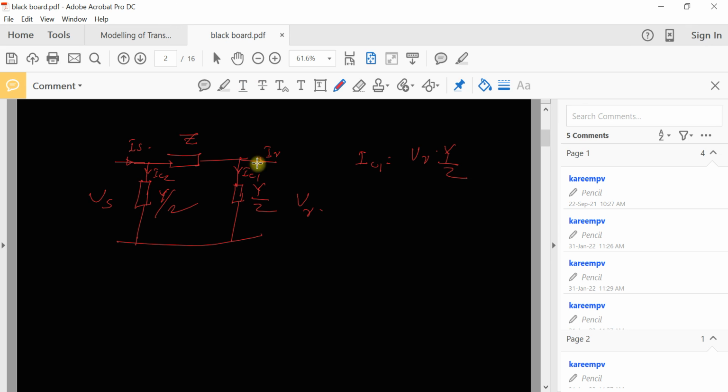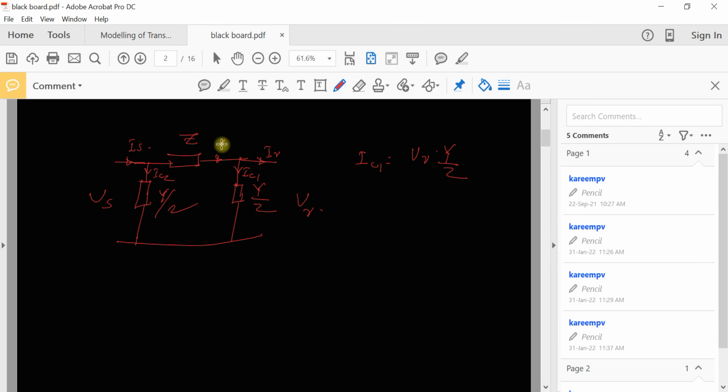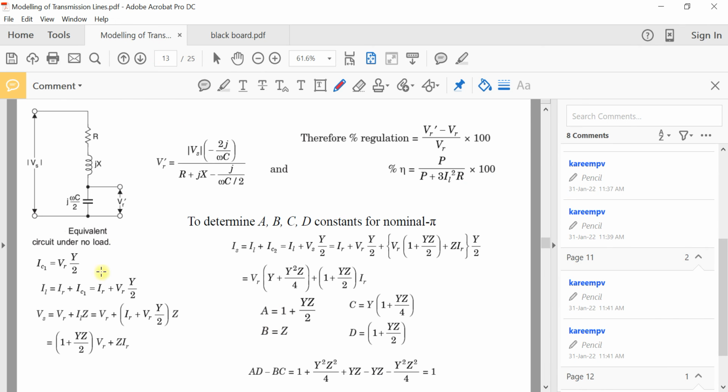This is IC1 and this is IL. If you apply Kirchhoff's current law at this point, IL will be equal to IC1 plus IR, the receiving end current. So we are getting this expression: IL is equal to IR plus IC1. That IR plus IC1 we have already calculated like this. So IL is equal to IR plus VR into Y by 2.